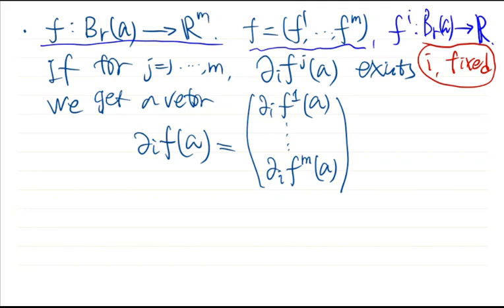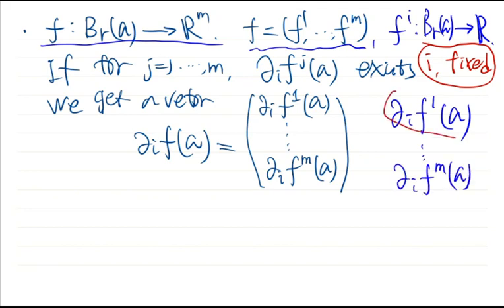The meaning of all these is known to us. We have just discussed this because f_1, f_2, ..., f_m are real valued functions. We know what the partial derivative at this point A means. Now, if all these exist, we fit them together to get a vector denoted by this, using the same notation.